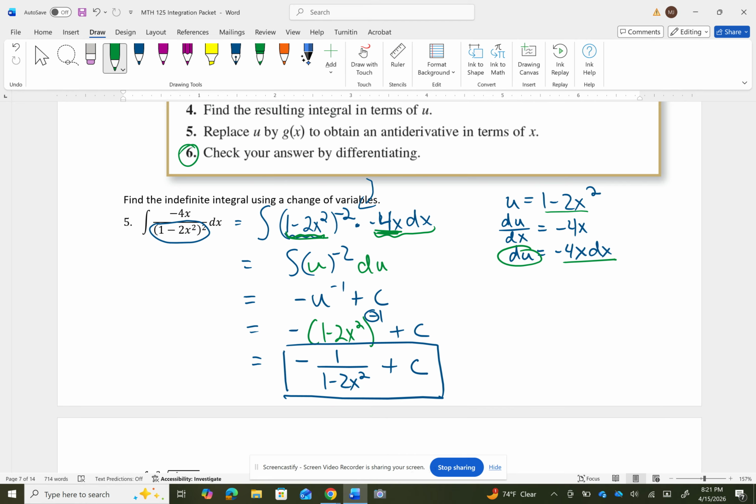But I'm trying to emphasize this process. I want you to have this security that there's a set process that you can use that's going to work for you. Make a note to yourself right in here that you need to be sure to get back to x's.